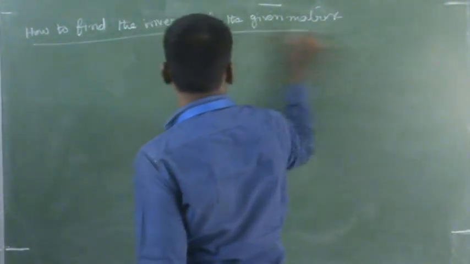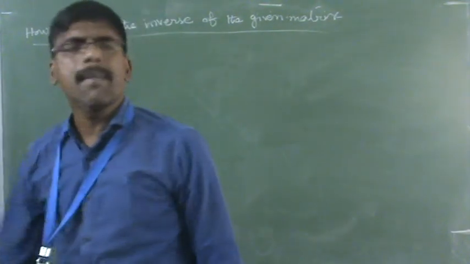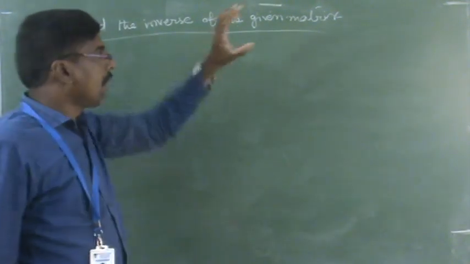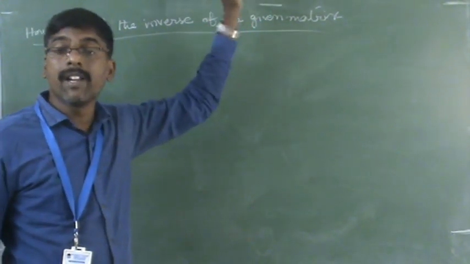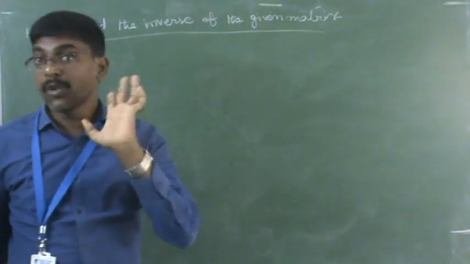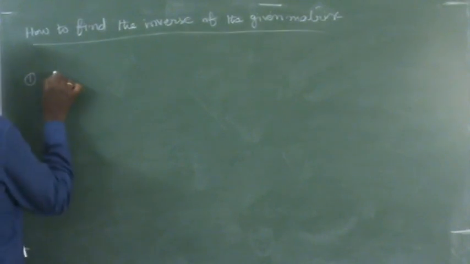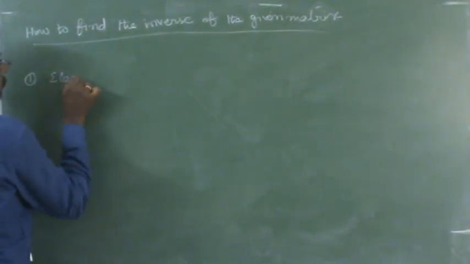How to find the inverse of the given matrix? In our syllabus, to find the inverse of the given matrix, we have two methods. The first method is known as the elementary transformation method.